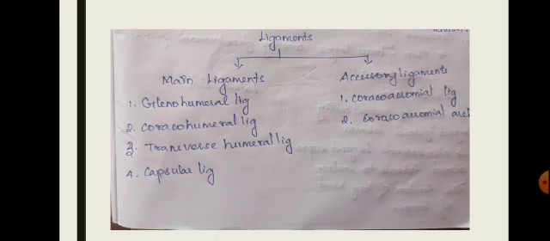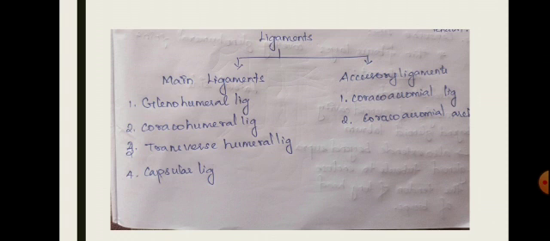Okay, let's see the ligaments. If there is a joint, there must be ligaments, right? Here we can classify the ligaments into two categories: the main ligaments and the accessory ligaments. What are the main ligaments? Glenohumeral ligament. The name itself represents that it is between the glenoid cavity and the humerus.